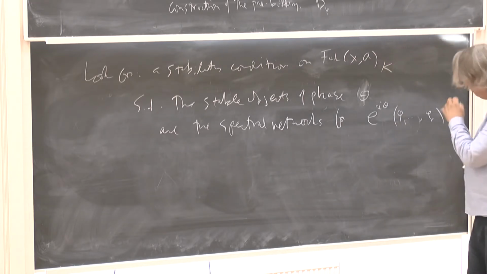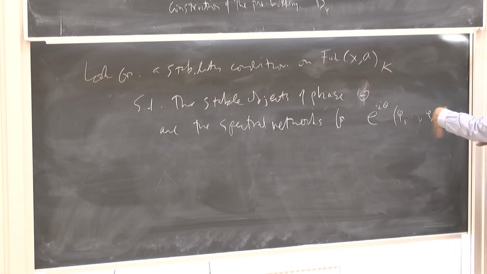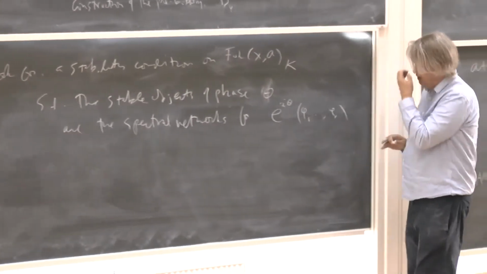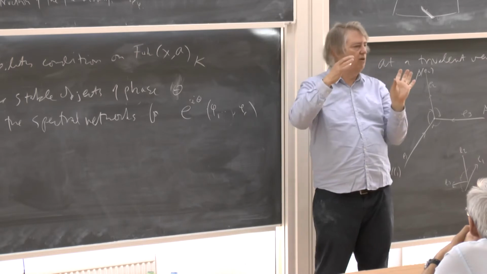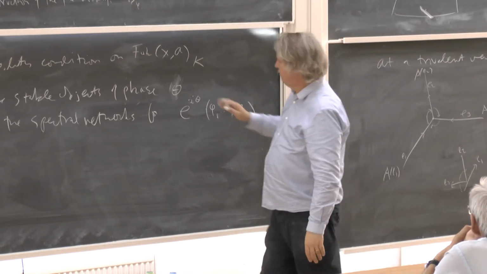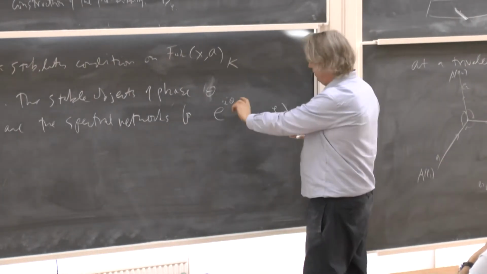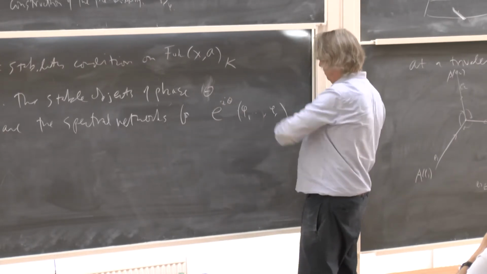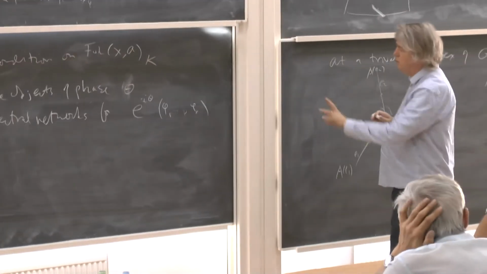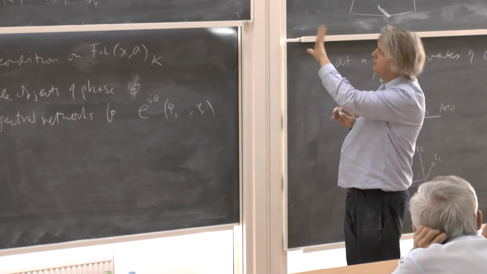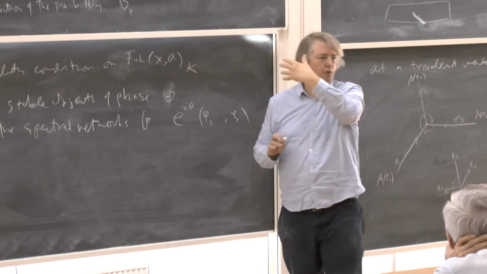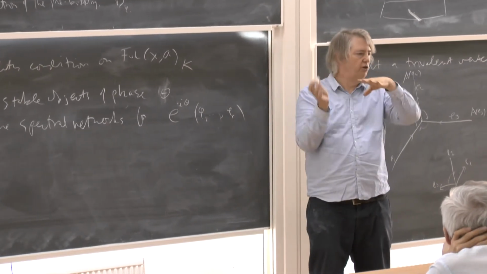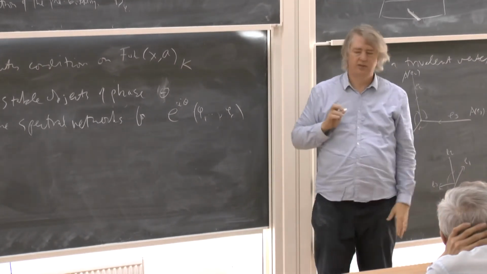But we have the spectral curve, which we can think of as being given by a multi-valued collection of r-tuples of differential forms. Those differential forms, we can multiply them by a complex angle. And the stable objects of phase phi should be the spectral networks for this angle times these differentials. You should understand that changes completely the foliation, because remember the foliations were given by taking the real part of the form. So when you turn the angle, that turns the foliation.